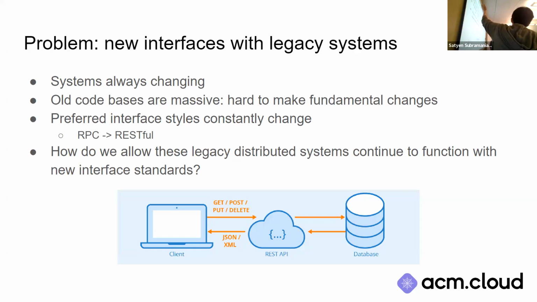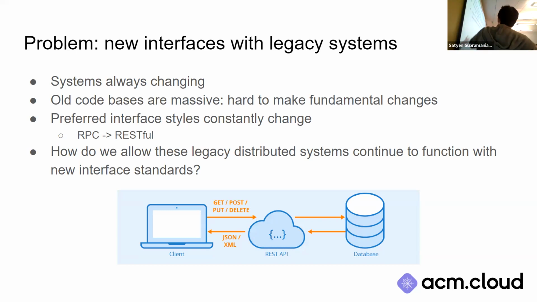And you know, as we can see, the preferred interface styles to interact with these systems are always changing. So now we primarily use HTTP based requests like get, post, put, delete to interact with the backend API. Before, there was something called the SOAP standard. You primarily used XML to encode your requests.